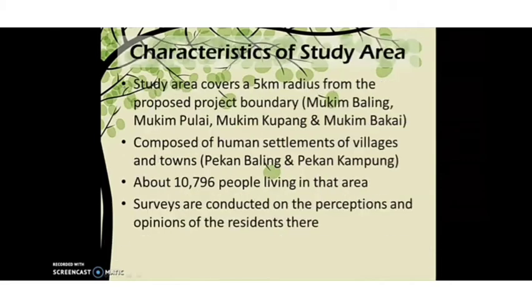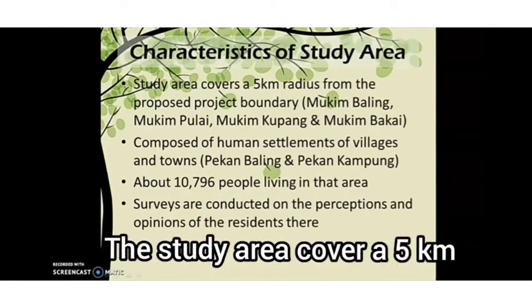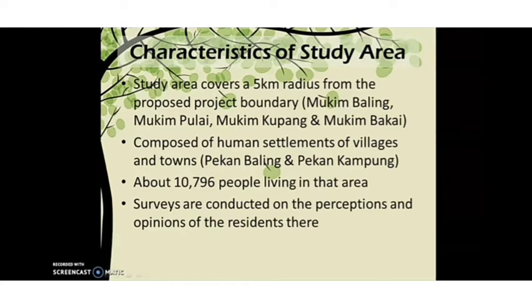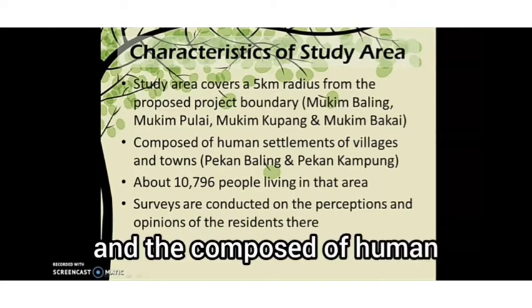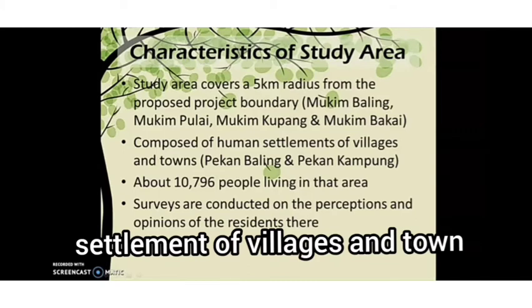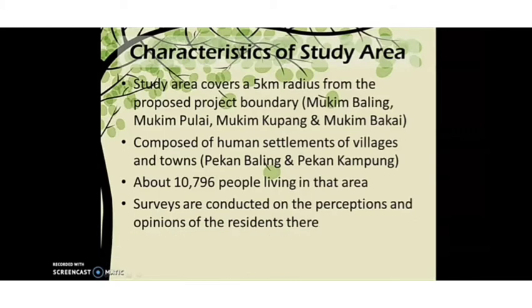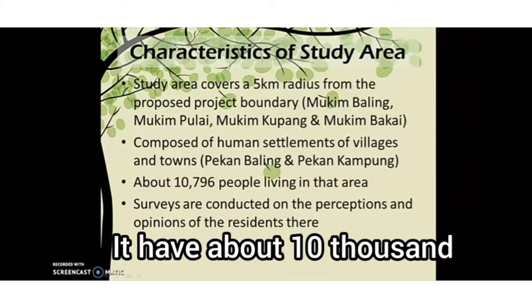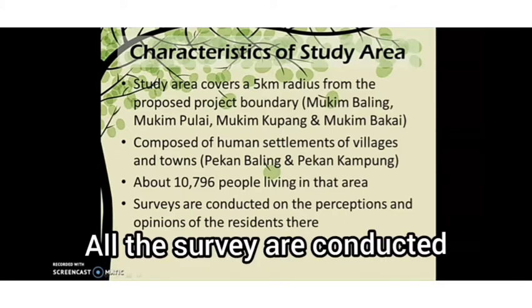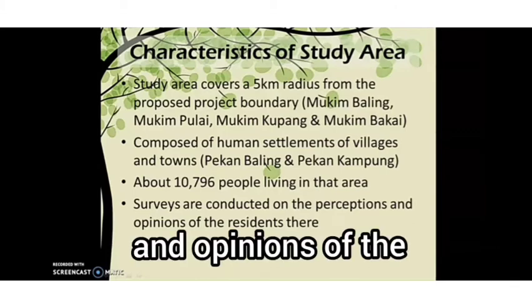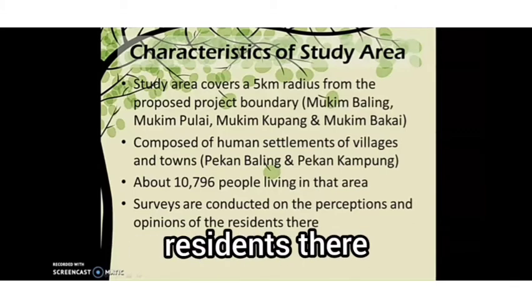And for the characteristics of the study area, the study area covers a 5 km radius from the proposed project boundary and is composed of human settlements of villages and towns. It has about 10,000 people living in that area. All the surveys are conducted on the perception and opinion of the residents there.